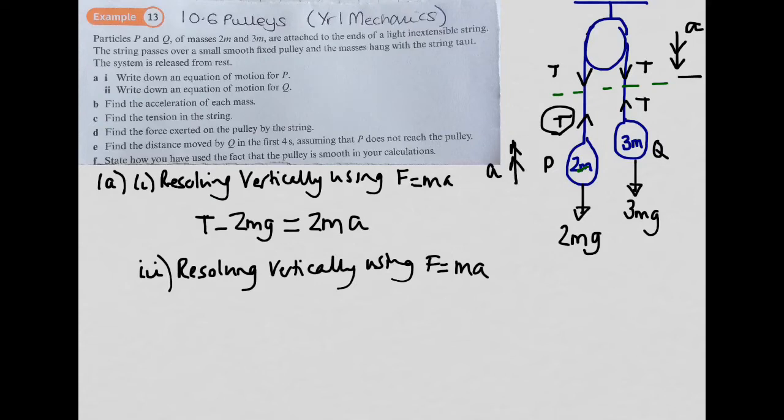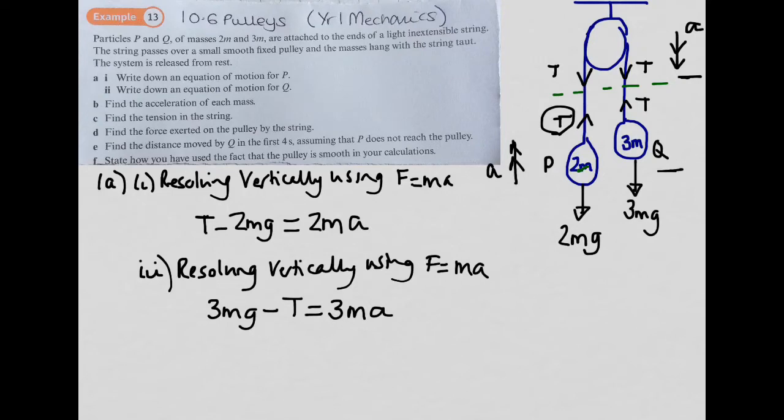Remember, you need to look at the acceleration and you need to look at particle Q for this. So in the direction of motion, the particle is moving downwards. So the positive force is 3mg, and opposing that motion is tension. And that is equal to your mass, which is 3m, multiplied by your acceleration. And now I've found the equation for Q.